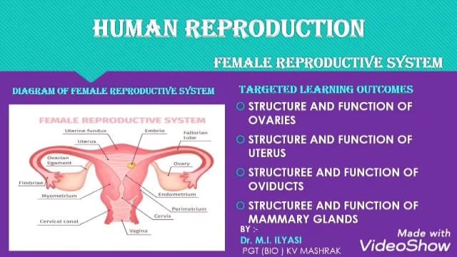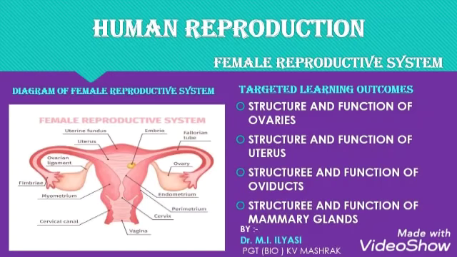Each ovary is covered by a thin epithelium enclosing an ovarian stroma. Ovarian stroma is the matrix of the ovary and is divided into two zones, the peripheral cortex and the inner medulla.